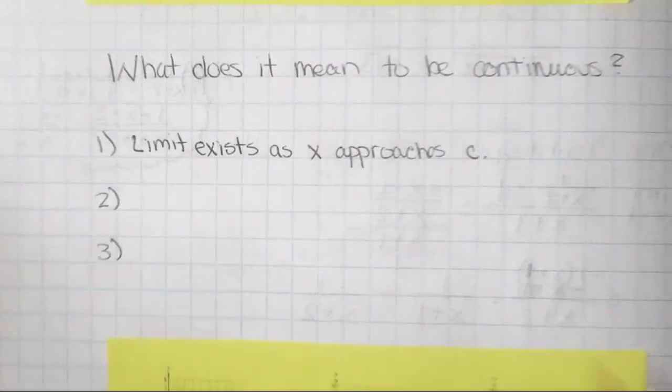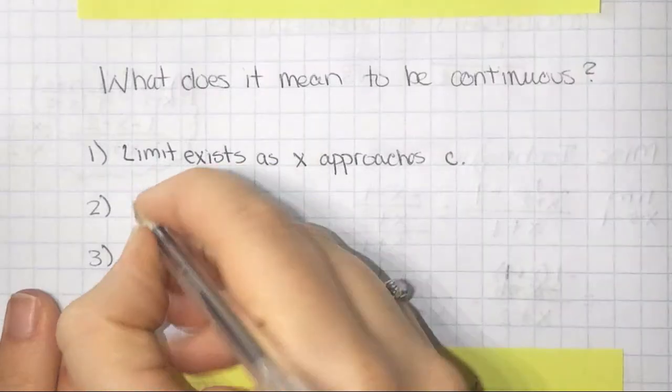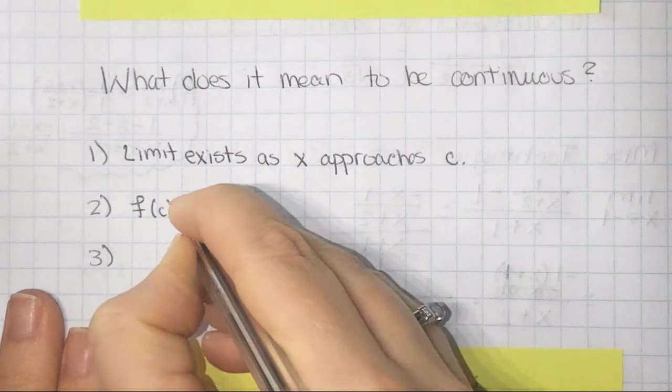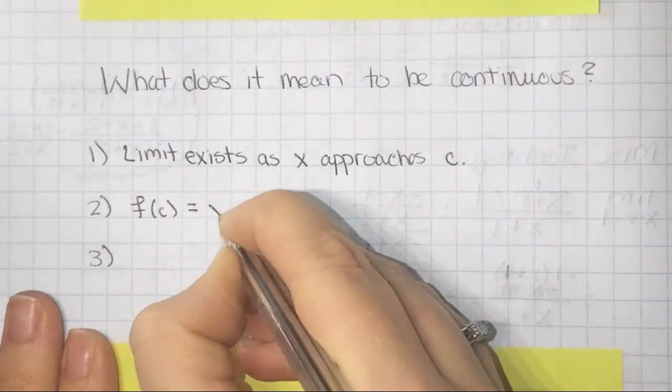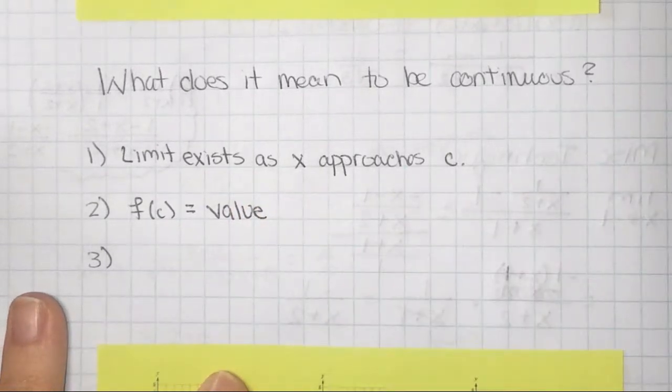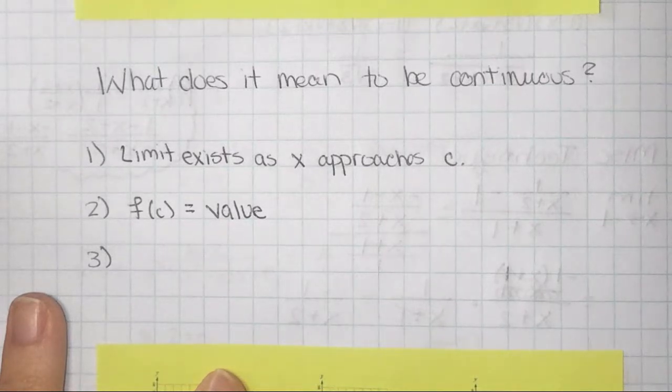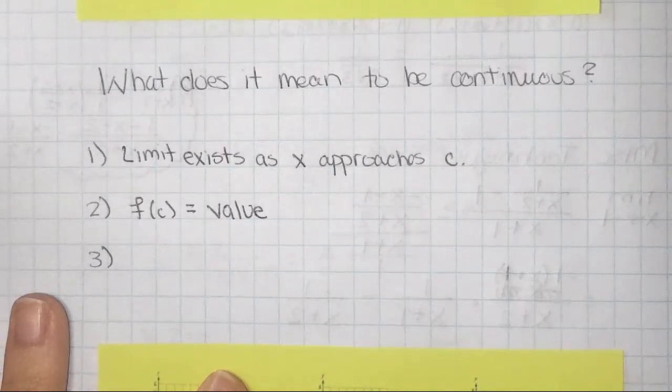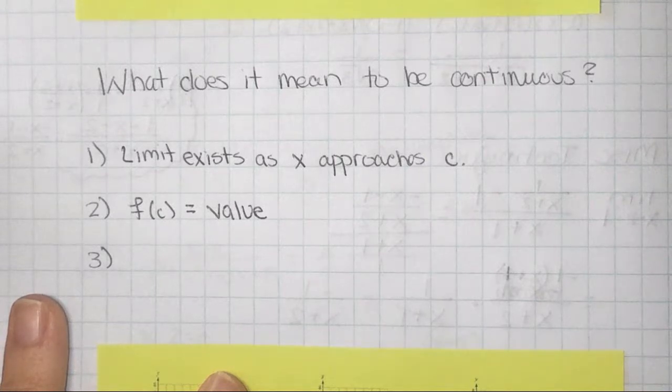Next, f of c also has a value. Okay? That means that also needs to exist. So the limit has to exist, and when I plug in c, that also has to exist. Now here's where it gets tricky. Well, not tricky, but necessary.